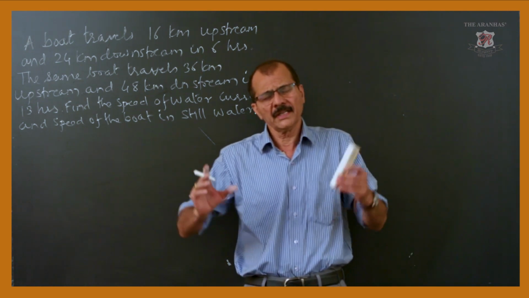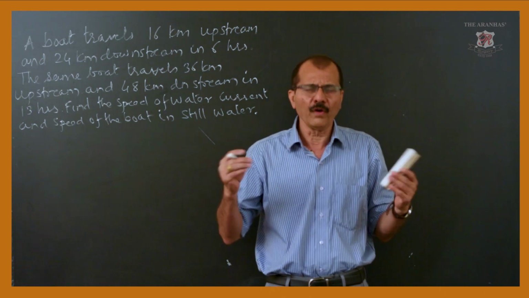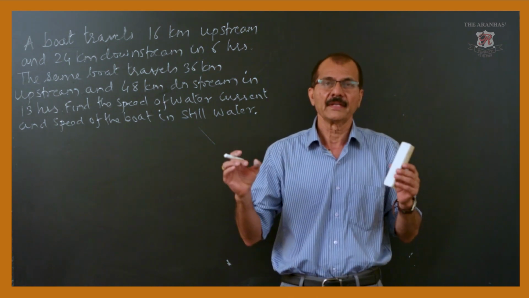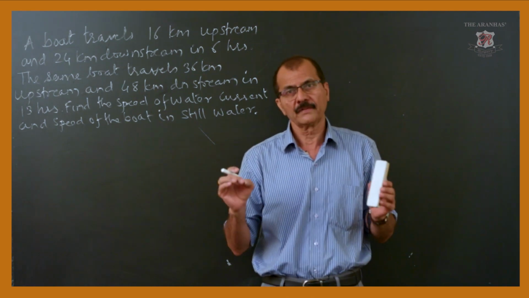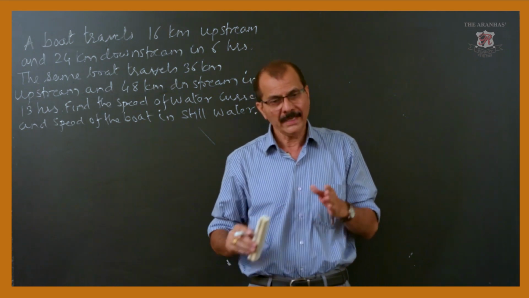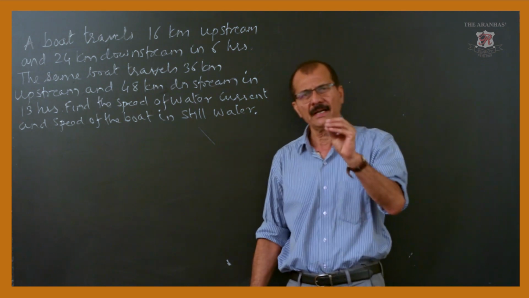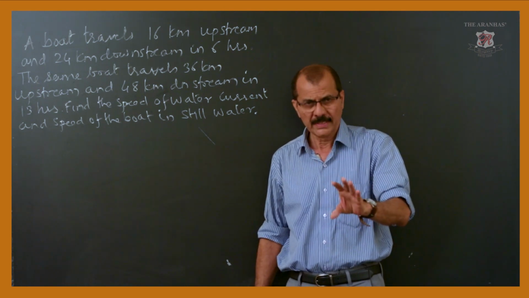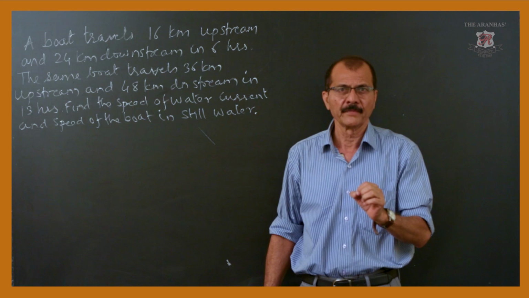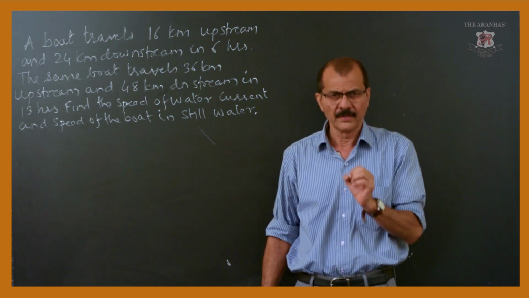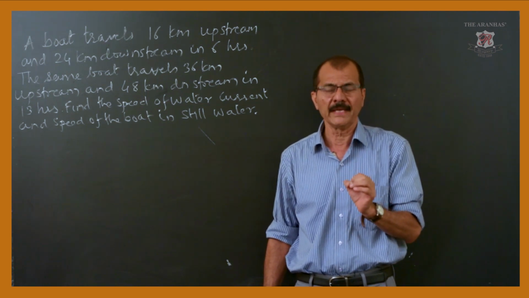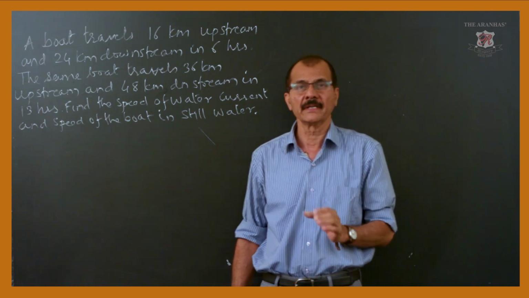Now, we are going to see what will be the net speed of the boat when it is moving downstream. So, for that I will assume, suppose the speed of the boat in still water is say x kilometer per hour.